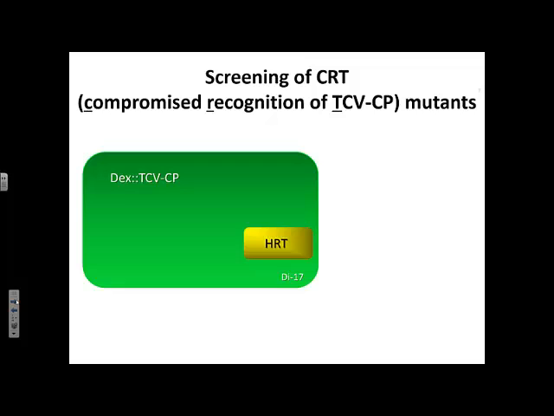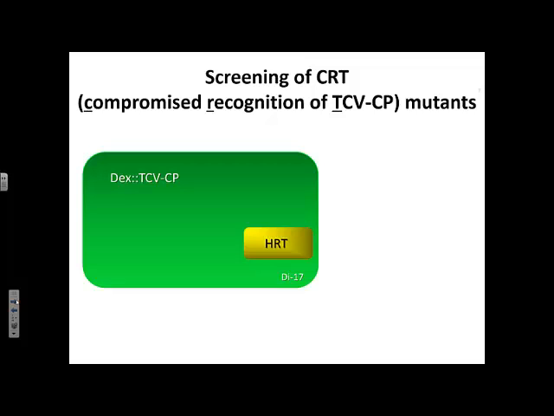And we put in the effector gene, TCV coat protein. We knew that this is what HRT recognizes, so we put that under an inducible promoter, because if not, the expression of this CP will drive a hypersensitive response, and after that the cell dies. So we put it under the inducible promoter.